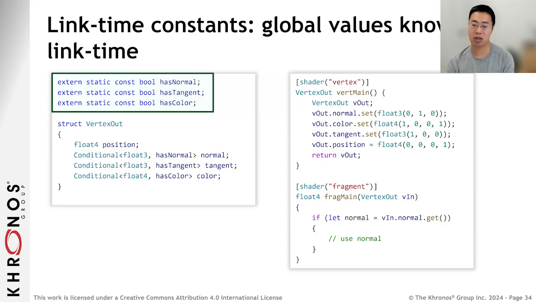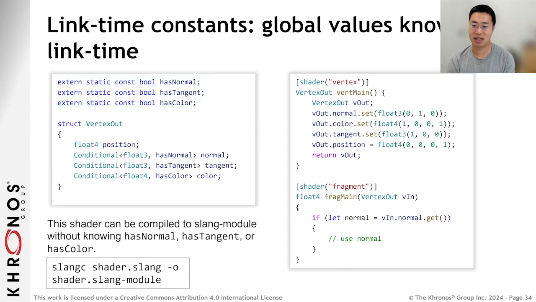Notice how much simpler the shader has become, and there are no longer any generics or angle bracket syntax in this code. And the nice thing about this is that you can compile this code directly into a Slang module without providing the concrete values for these link time constants.